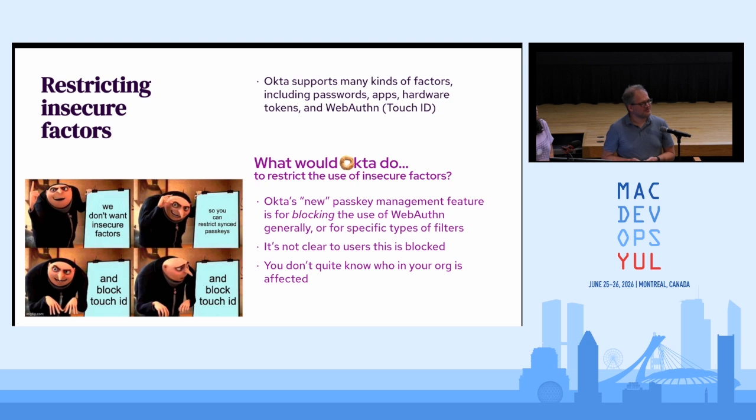The Apple Passwords app will then show this credential, but it may not be usable because you allowed enrollment but not usage, or it might not be there at all because you didn't allow enrollment in the first place, but it still shows up in the Apple Passwords app.